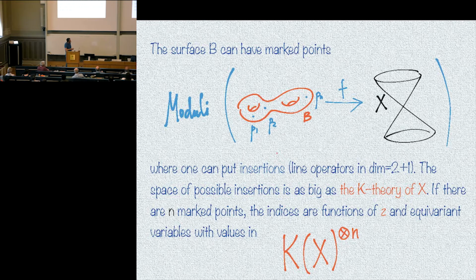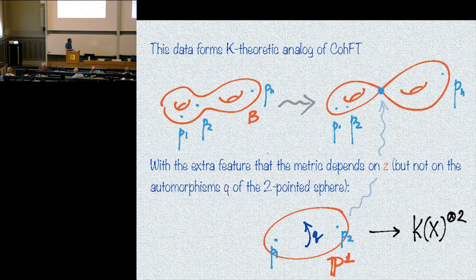It means your counts really take values in n copies of K-theory of X. And together they form a K-theoretic analog of cohomological field theory, meaning if your curve degenerates, if it develops a node, then the restriction of that index bundle to this boundary strata in the moduli of curves can be reconstructed from lower genus.